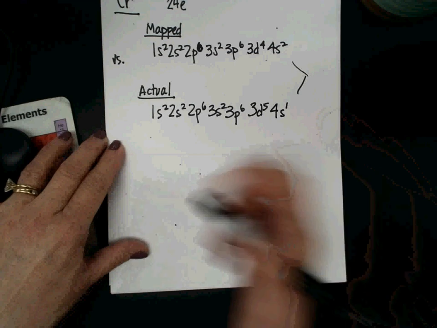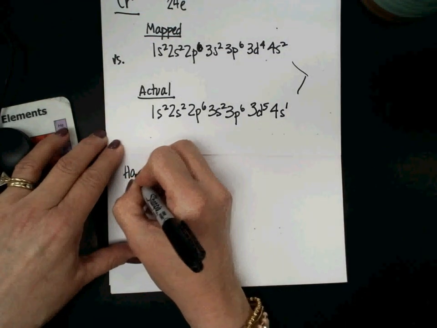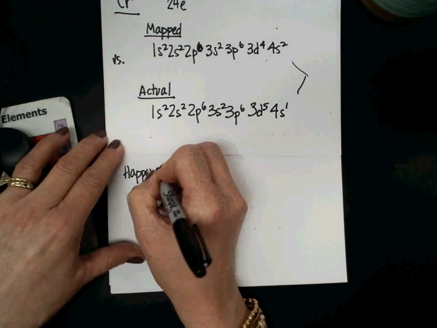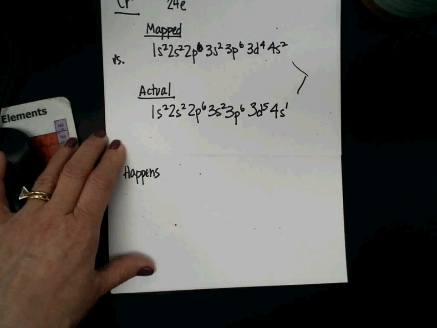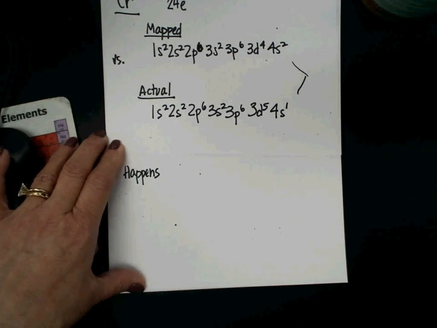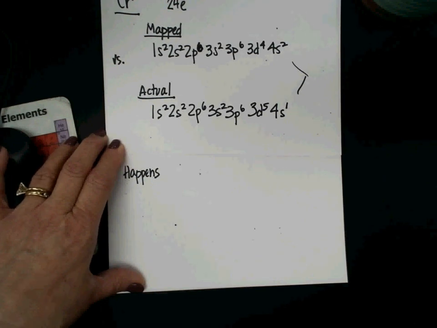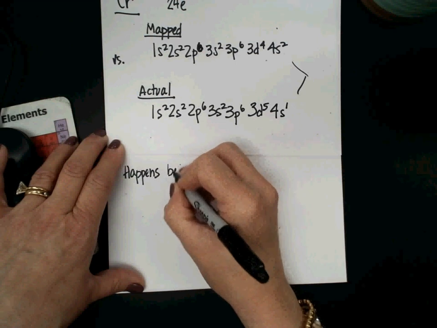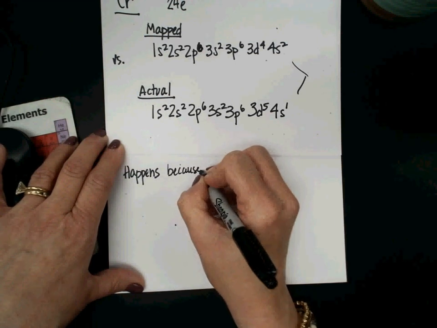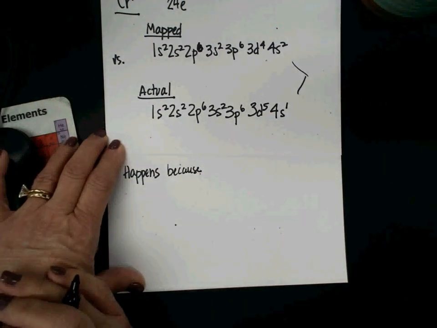And this actually happens if you look at your order of filling. Where is the first place that my energy levels start to get close together and may possibly overlap? See if you can figure that out from your little order of filling thing. Look at your card and figure it out.